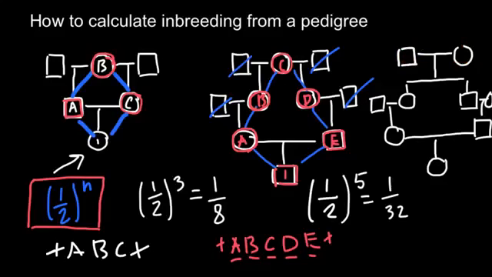So we can cross out this person who is not going to be related to this male, to this son in this marriage. So we can cross out this female here that is not going to be related to this daughter of this marriage.